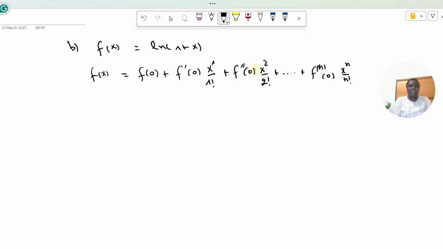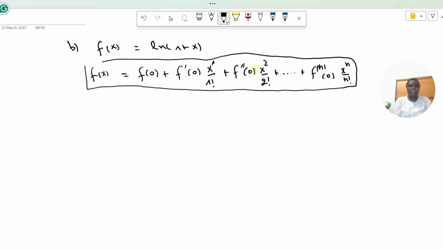So this is the general form of the MacLaurin expansion of a given function f of x.